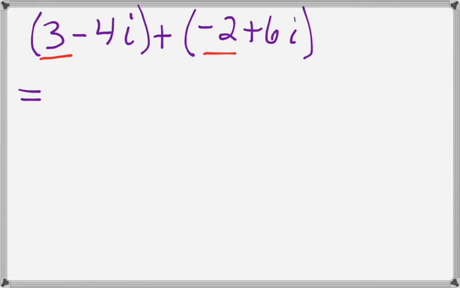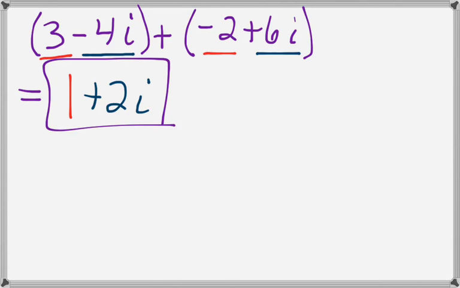So if we add those together, we get 1. And then our imaginary parts are negative 4 and 6. So if we add negative 4i and 6i, we get a positive 2i. So the result from adding those two numbers is 1 plus 2i.